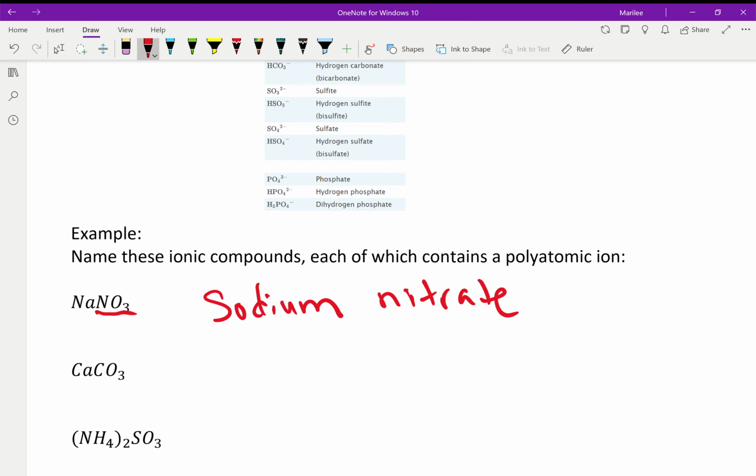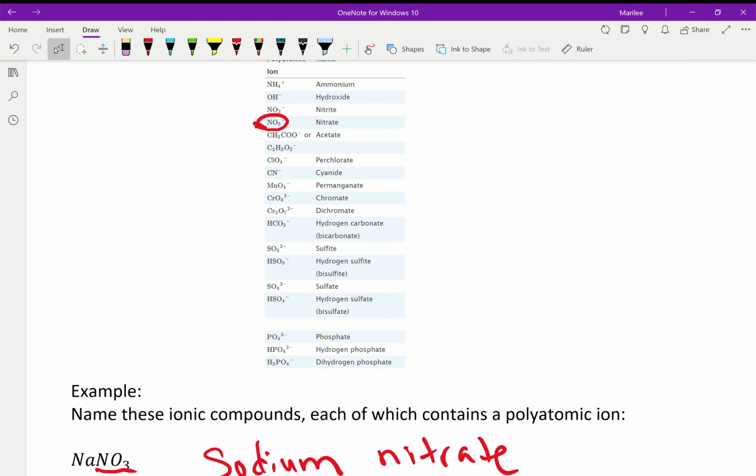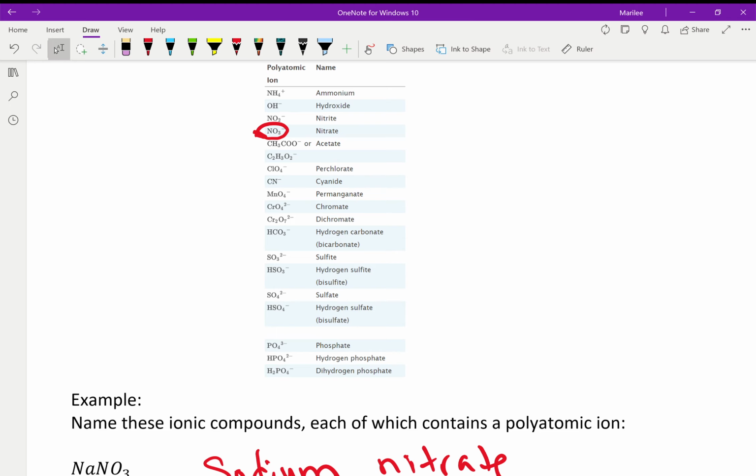Then we have CaCO3. The CO3, I'm trying to find it. Did I miss it?